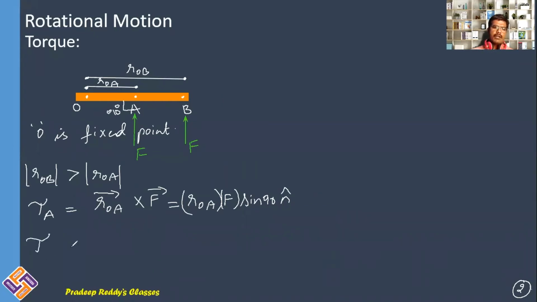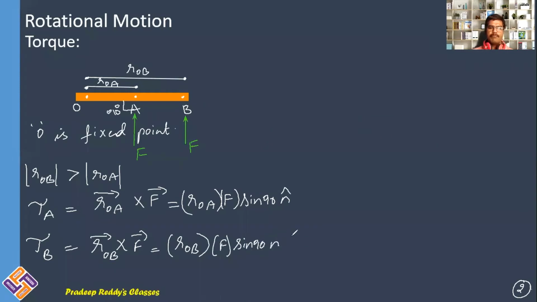Likewise, torque at B is equal to ROB bar cross F bar, which is equal to ROB into F into sine 90 into n cap. The direction of both torques is the same. Since ROB is greater than ROA, the torque acting at B is greater than the torque acting at A.